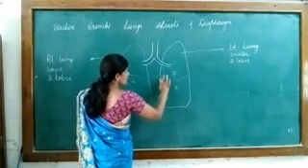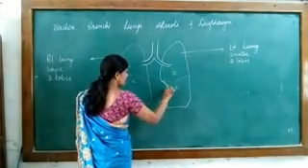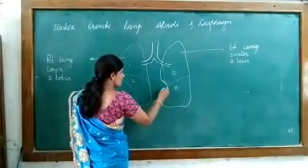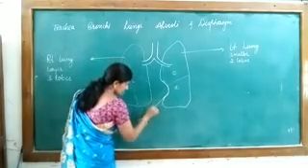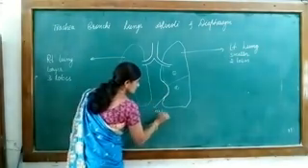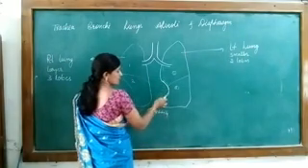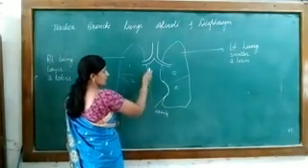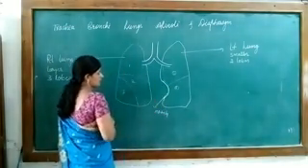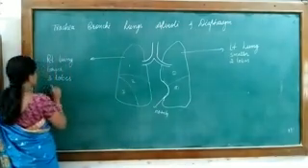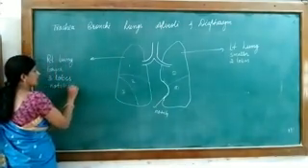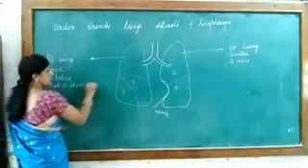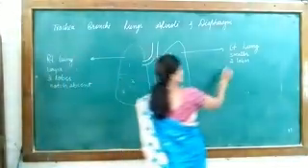The left lung has one notch here. A depression is present here. This depression is absent in the right lung. The notch is absent there, and here the notch is present.